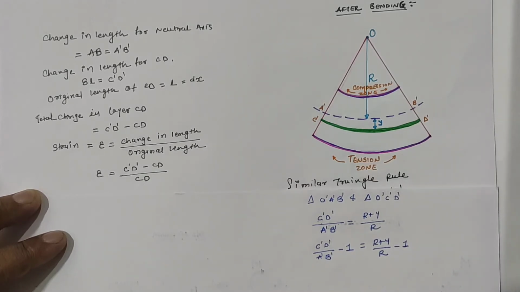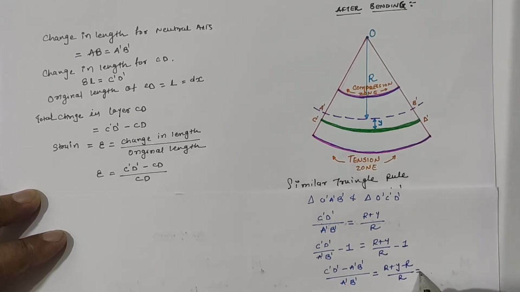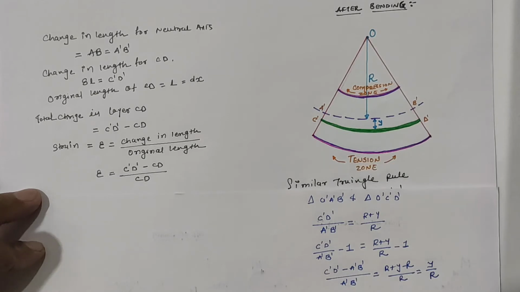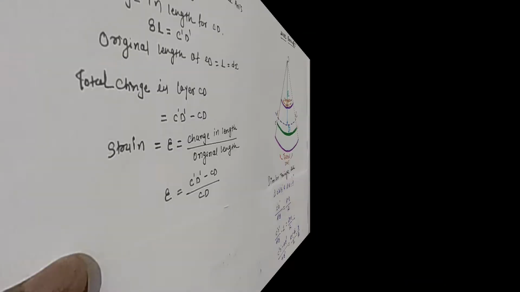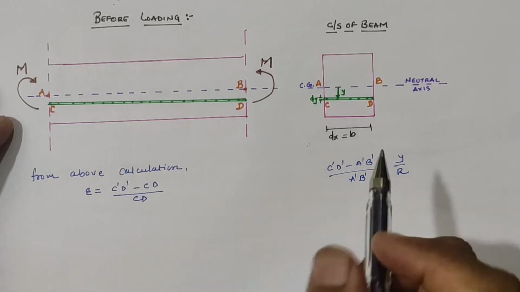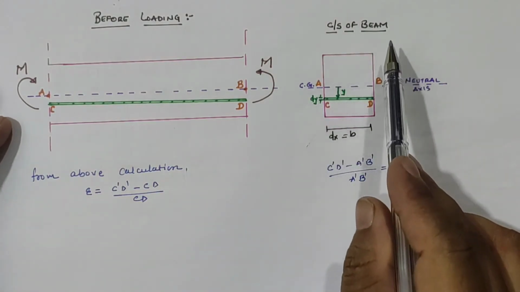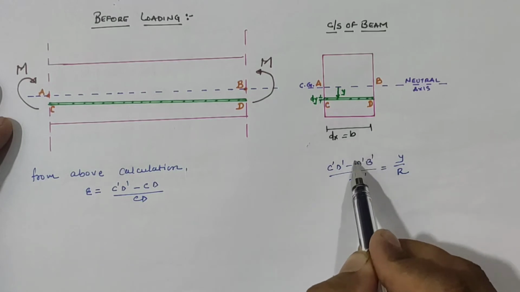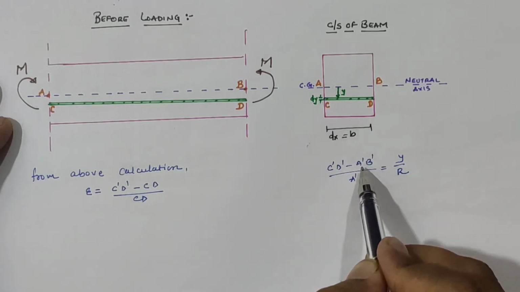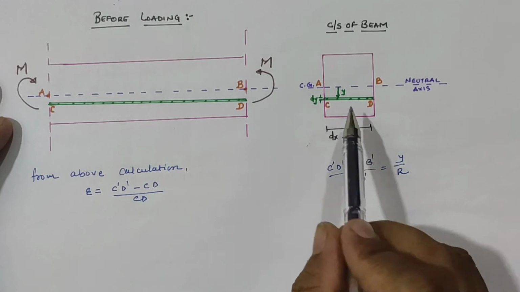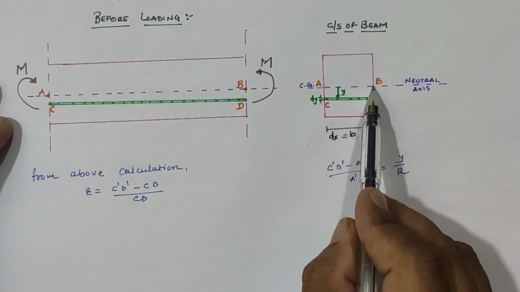And if we solve the above term, we will have y divided by R as c dash d dash minus a dash b dash divided by a dash b dash. Using these values, observing the figure or cross section of the beam, we can say that a dash b dash can be replaced by the value AB, as it is at the neutral layer.